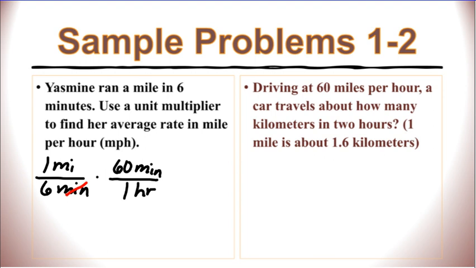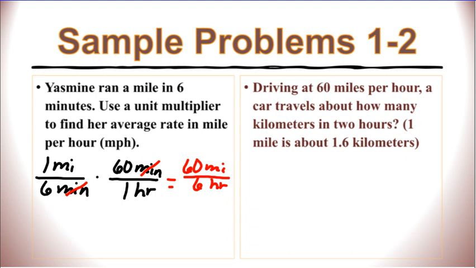The minutes divide each other off, it just means 1. And now I can multiply straight across. 1 mile times 60 is 60 miles. 6 times 1 hour is 6 hours.